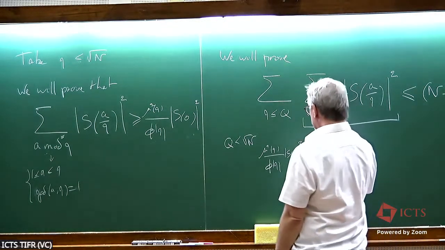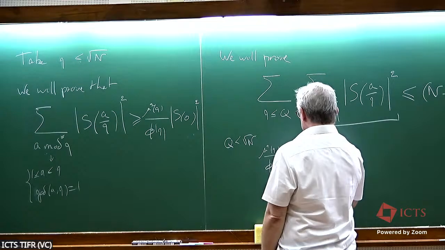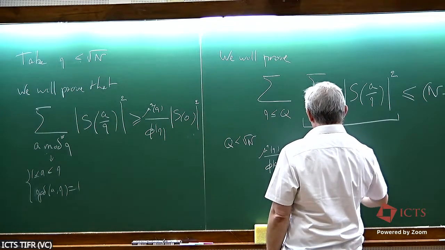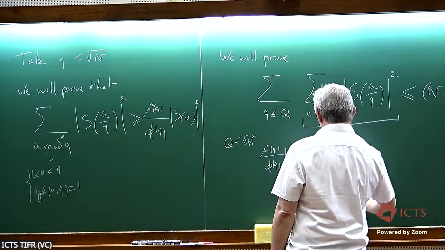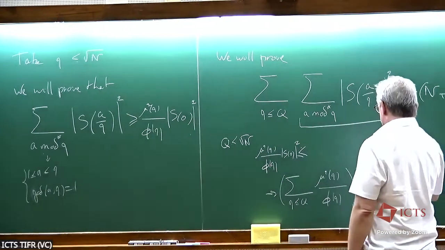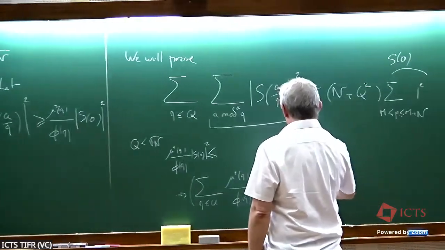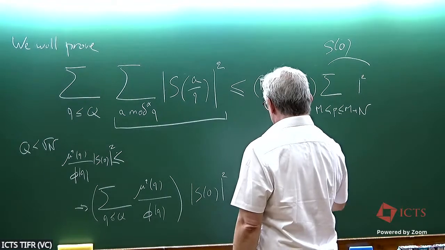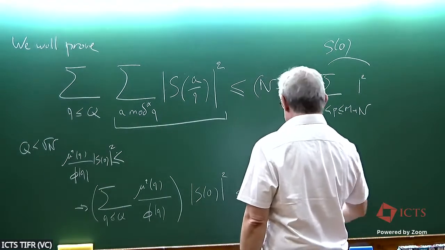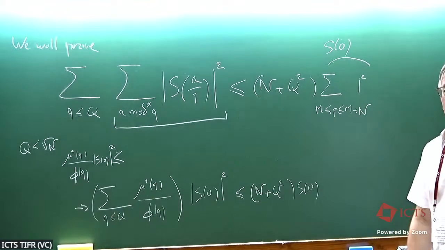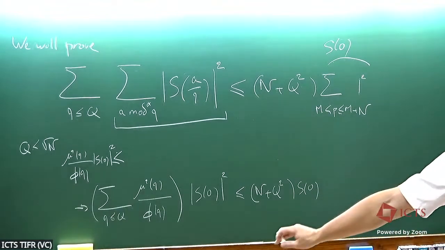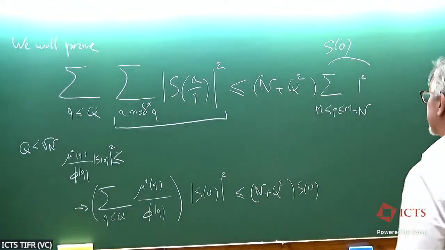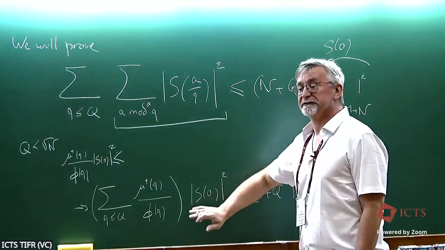And what you get is that the sum for q less than capital Q of mu squared of q upon phi of q, times S of 0 squared, is less than n plus Q squared times S of 0. That's what I'm going to expand in more detail with more complicated functions, but that's the Montgomery sieve, the large sieve.